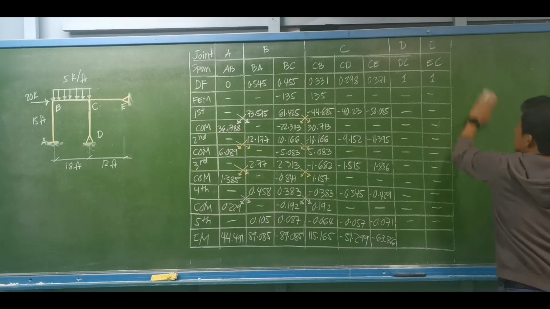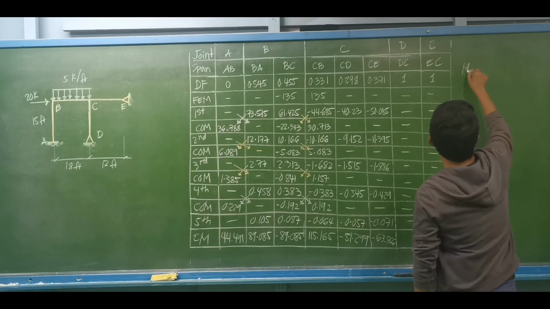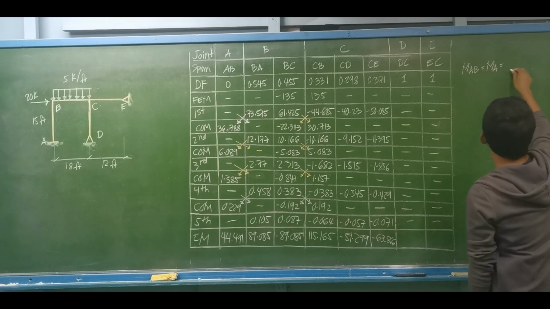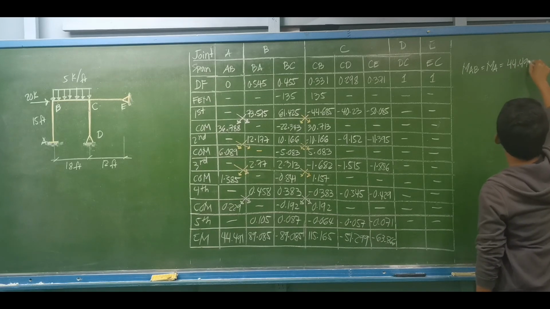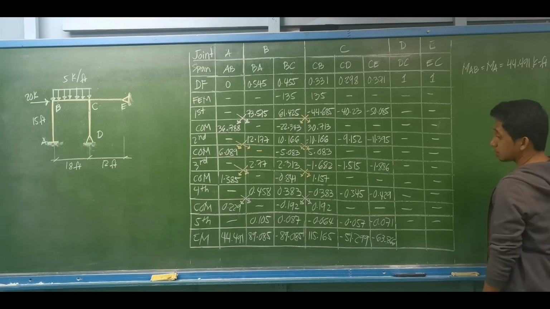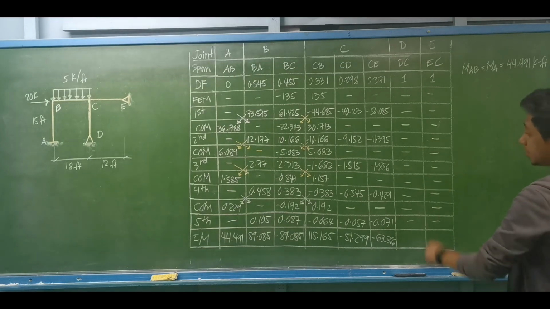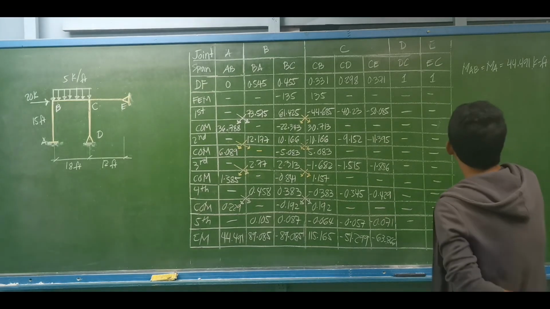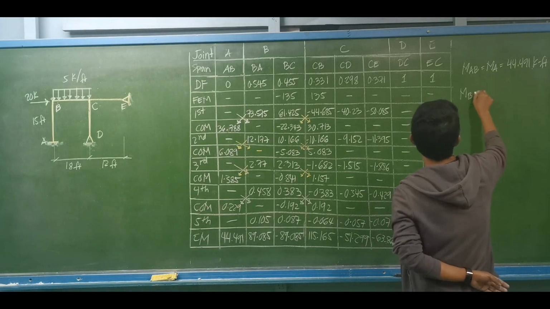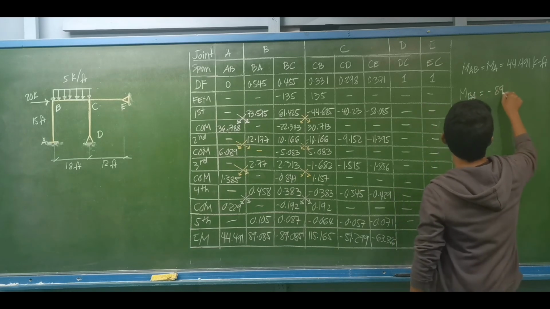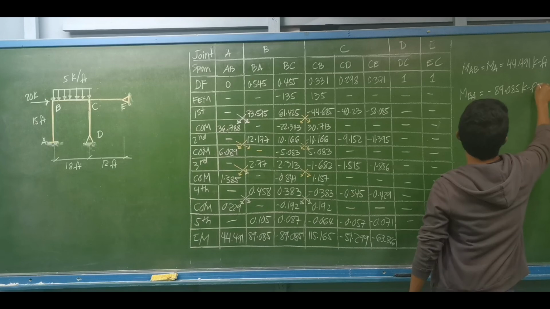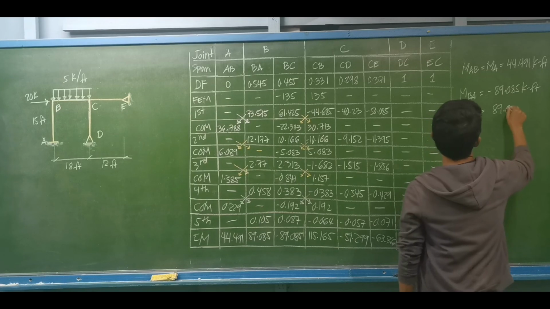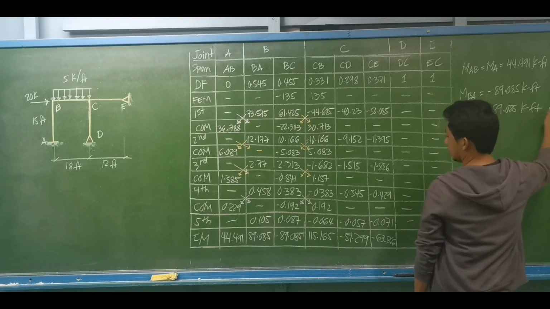Okay, based on this one, we have the moment AB, the same as the moment at A, is a clockwise moment since it is positive, 44.491 kip-feet. Then for moment BA and BC, we have a clockwise and a counterclockwise. The moment for BA is negative 89.085 kip-feet, while the moment for BC is equal to 89.085 kip-feet.